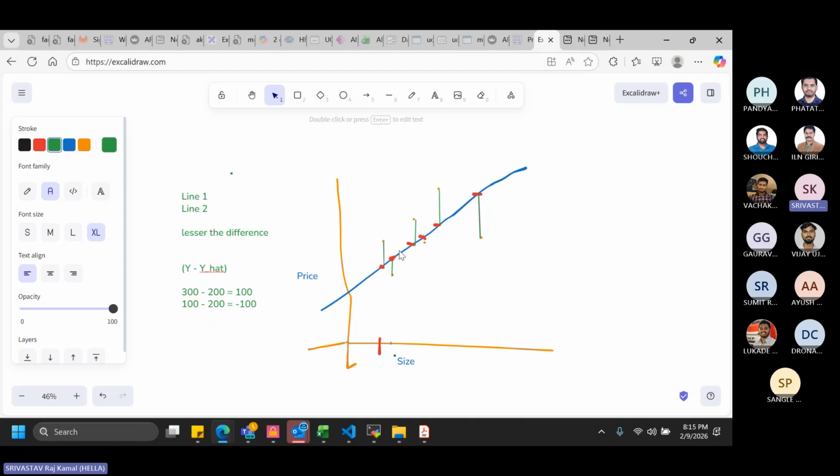Suppose we do it for all the points. Don't you see, these differences are now negated, right? So what is it saying for these 2 points? The total error or total difference comes out to be 0 for these 2 points.